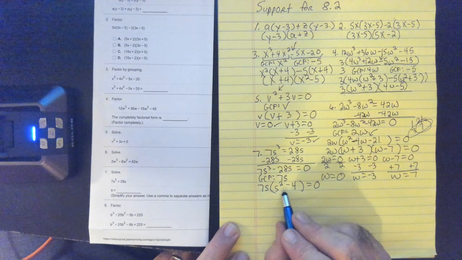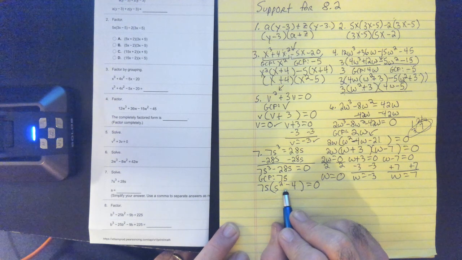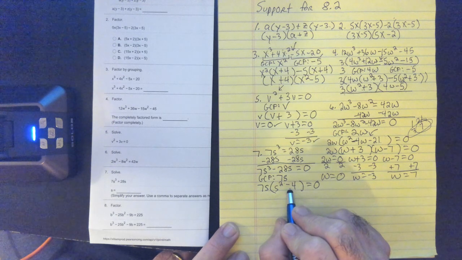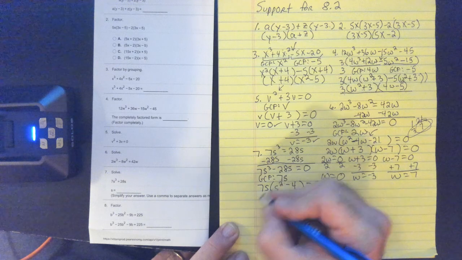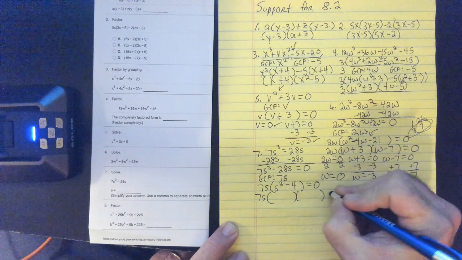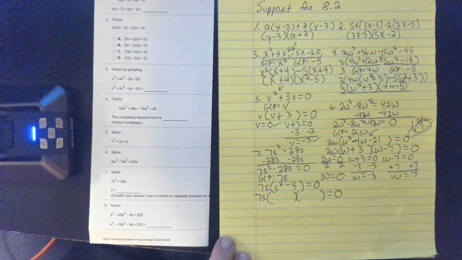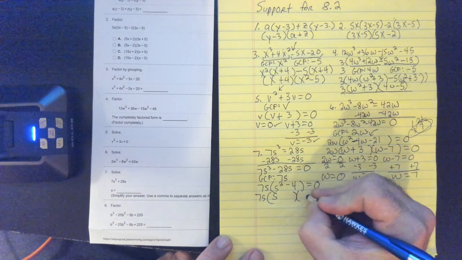Alright, now a while ago I couldn't factor that x squared minus 5 further, but I can factor the s squared minus 4 further because 4 is a perfect square. So I bring down the 7s, and I'm going to factor that into parentheses, all equal to my 0. So let's see. S squared means I got an s and an s.